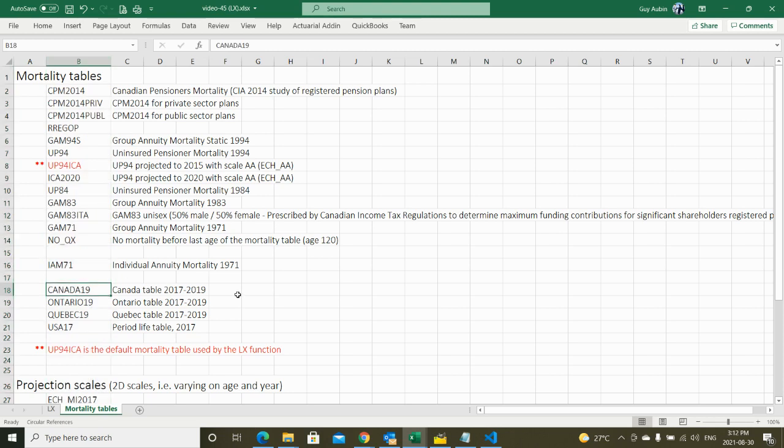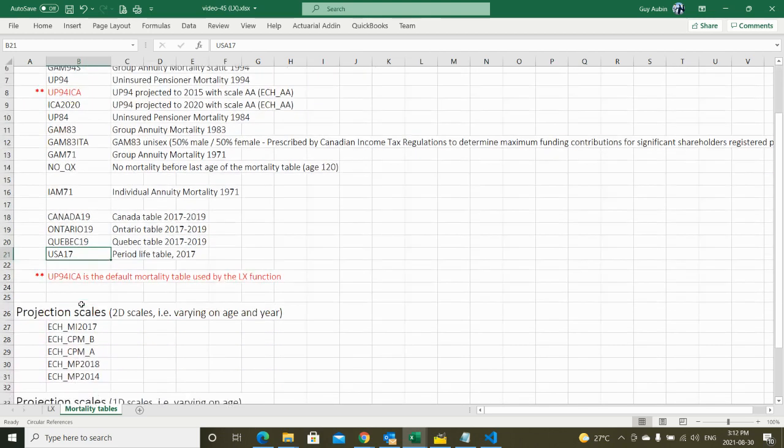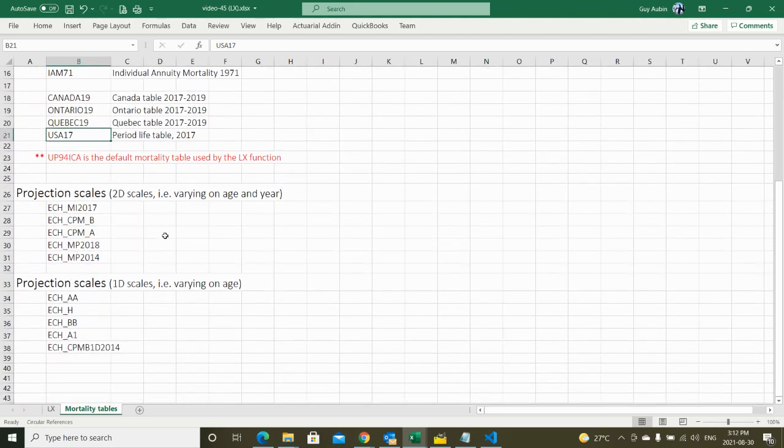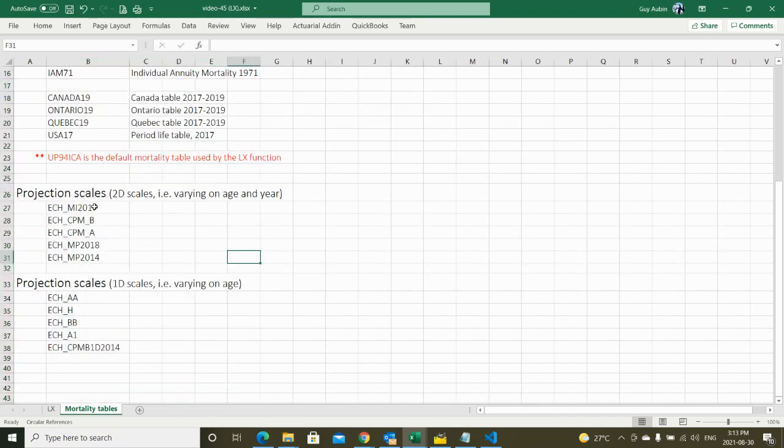And you also have some census mortality tables for Canada, based on a study from 2017 to 2019, and the equivalent tables for Ontario and Quebec, and also a period life table for United States from a study in 2017. Further down, we'll look at them right now. You have some projection scales, and their name, as known by the add-in, is in column B. So you have some 2D scales, where mortality rate will be projected by age and by year.